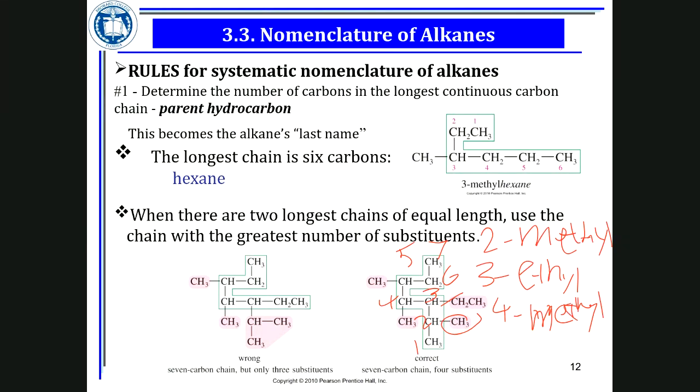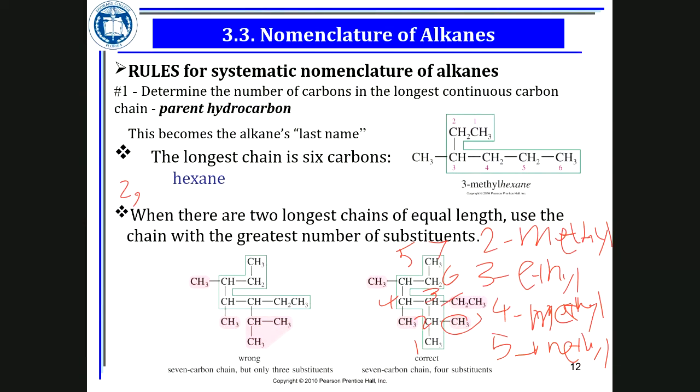Then on carbon number 5, you have 5-methyl. Which ones can be combined? Identical branches. So I have a 2-methyl, 4-methyl, and 5-methyl. I can combine those 3 together, and I can say 2, comma.